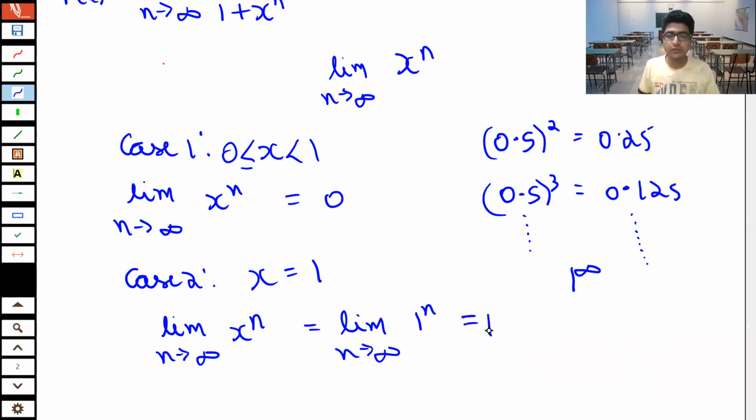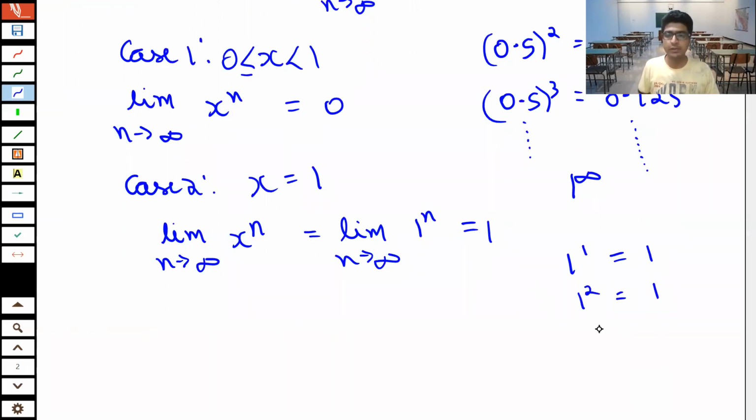This is a limit, not exactly 1 to the power infinity, which is indeterminate. Here, as n goes towards infinity, 1 to the power n is actually equal to 1. What's the value of 1 to the power 1? That's 1. What's 1 to the power 2? That's 1, and it keeps on going. So you are not actually getting 1 to the power infinity; n is going towards infinity, and this is actually going towards 1 only.